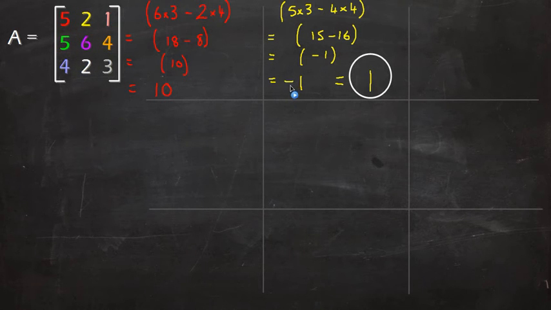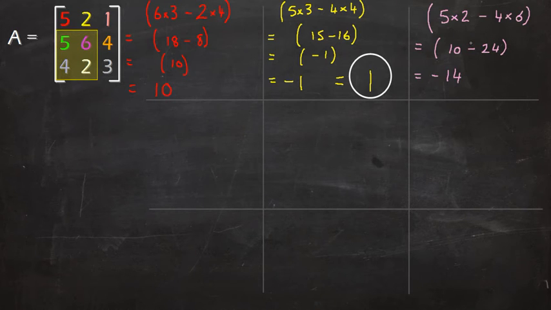So we need to change it from minus 1 to plus 1. And now we're on to element 1. So we ignore the numbers in its row and column, and we'll be multiplying 5 times 2 minus 4 times 6, which is 10 minus 24 gives us minus 14.